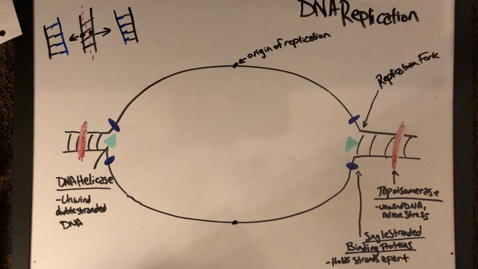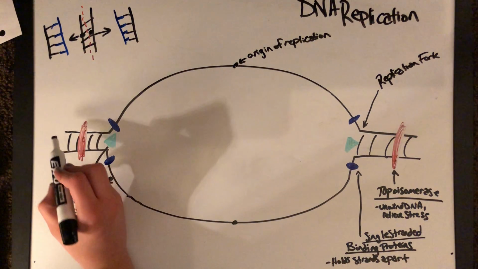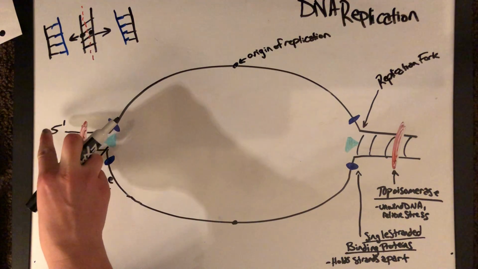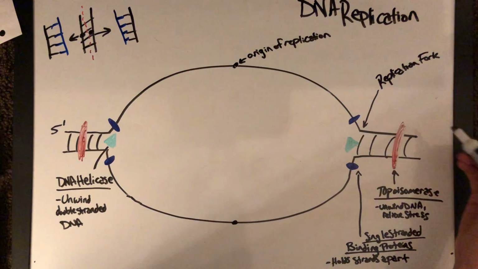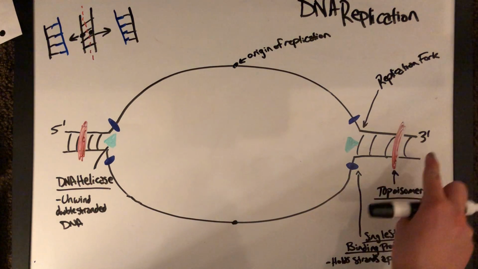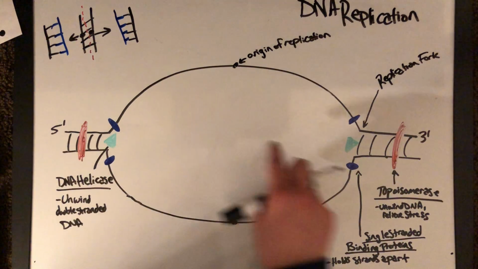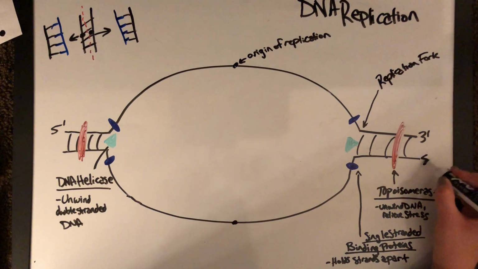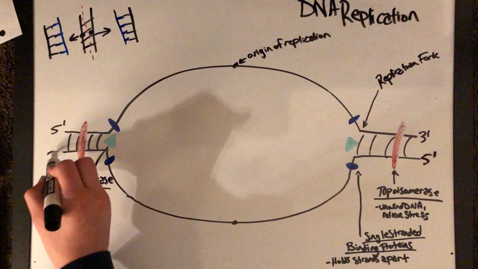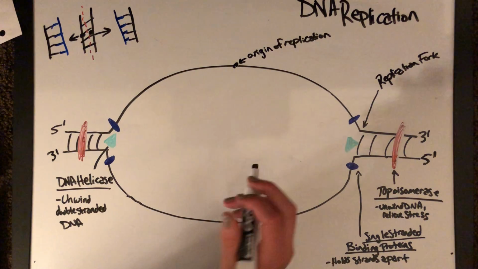Good. So let's label our directions. So this is double-stranded, right? So this is our 5' end of this top strand, and this is our 3' end of the top strand. Our bottom strand, because DNA goes anti-parallel, so different directions. So our bottom strand, this is our 5' end, and then we go to our 3' end of the bottom strand.